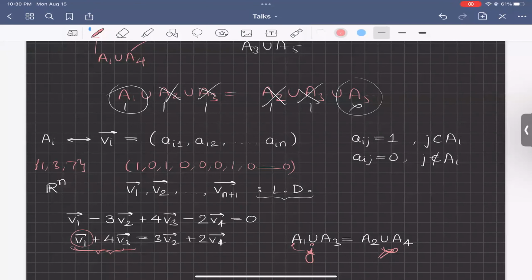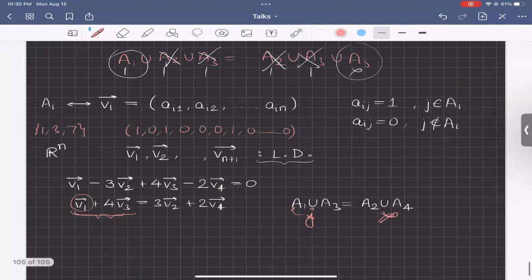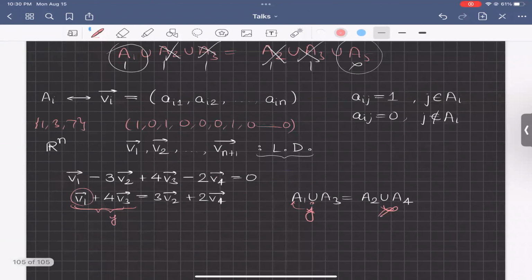If j was in A3, there would be a 4 in that position. And if j is in both, there would be a 5 in that position. So the position where j is would be non-zero here. But if j is not on the right-hand side, then the position of j there would be 0. And so these cannot be equal. So any element which is on one side is also on the other side, and vice versa. And so these unions are actually equal.